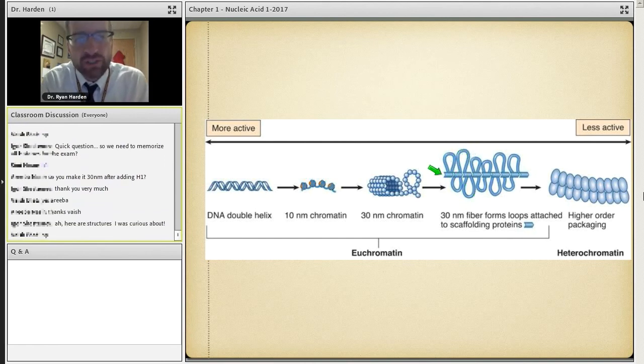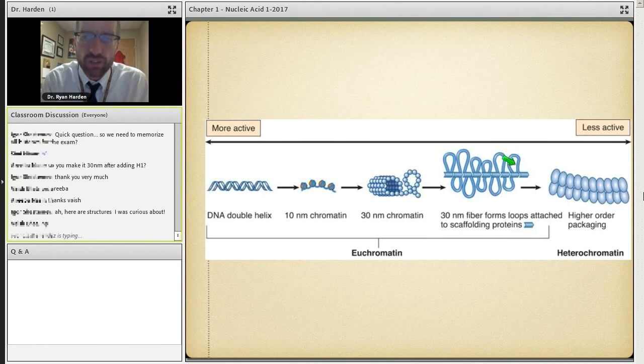But the USMLE Step 1 is only going to test you from this point to this point to this point. I don't think they're going to test you on this structure or this structure. I've never seen those questions.